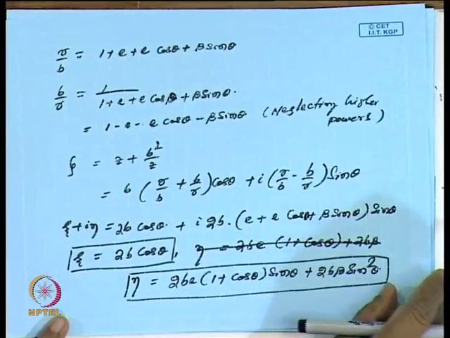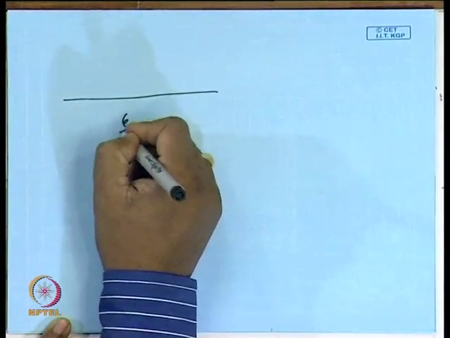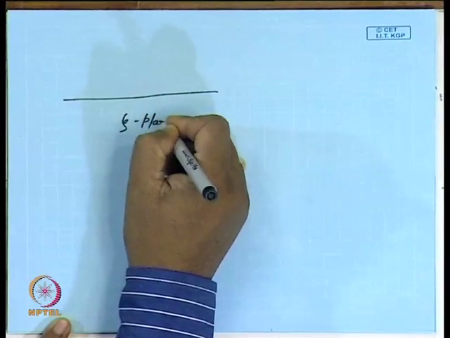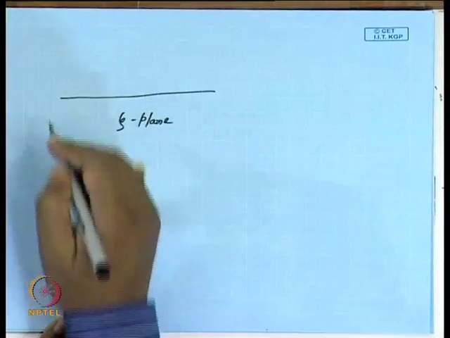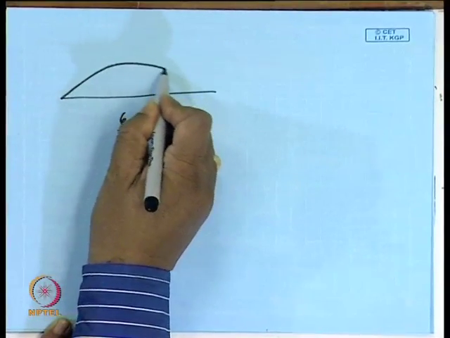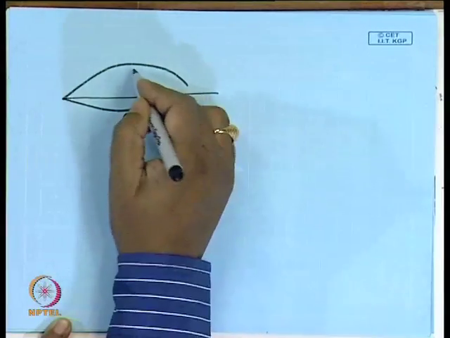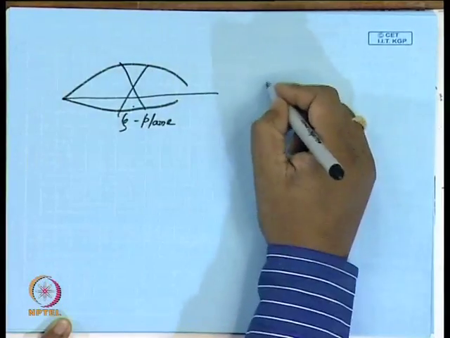If I plot this, how will it look? Then what I will get in the zeta plane, this is my zeta plane. Sorry, this will not be like this, rather I will put it in a proper manner.